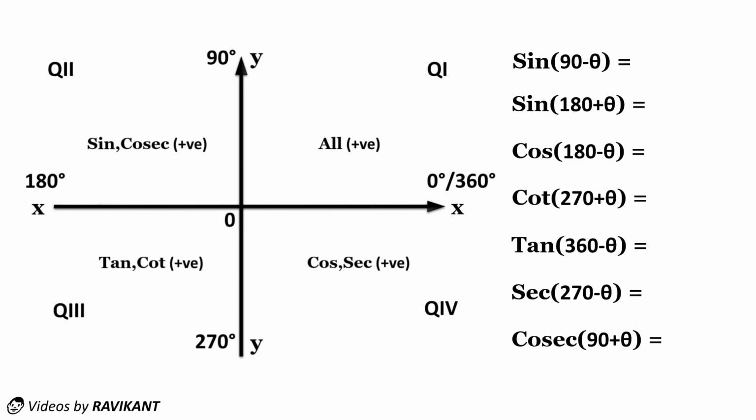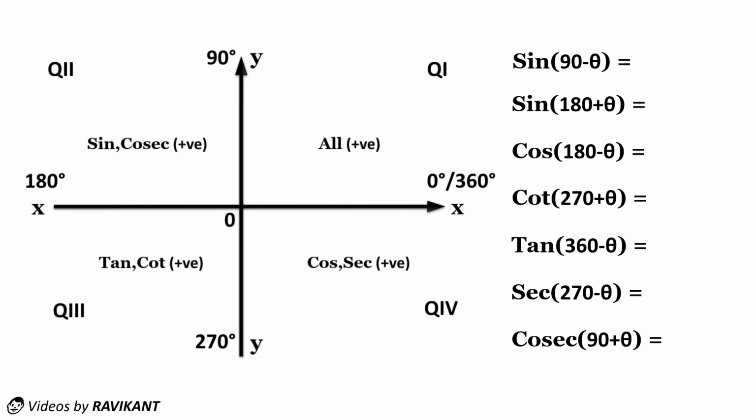So let's start with our first question, sin 90 minus theta. We will solve this question step by step. So first see the angle, which is 90 minus theta. So what does it mean? It means 90 minus theta is an angle that lies somewhere in the first quadrant, because the angle is less than 90 degree and greater than 0 degree.